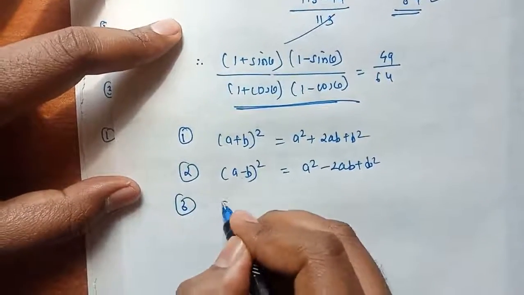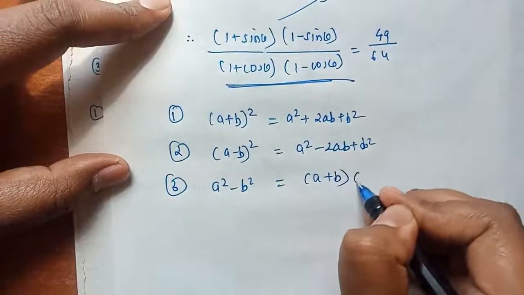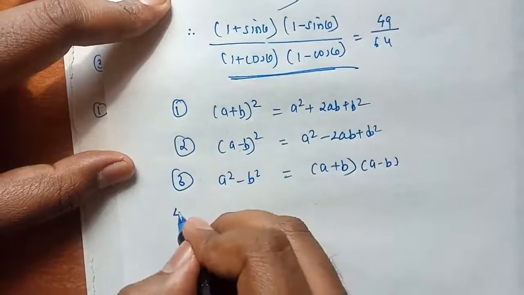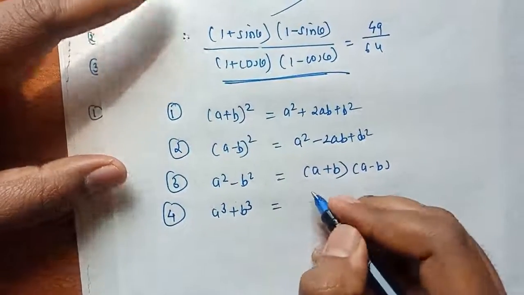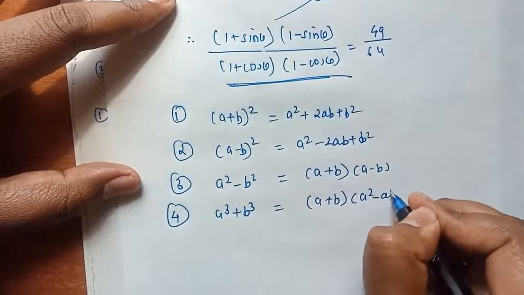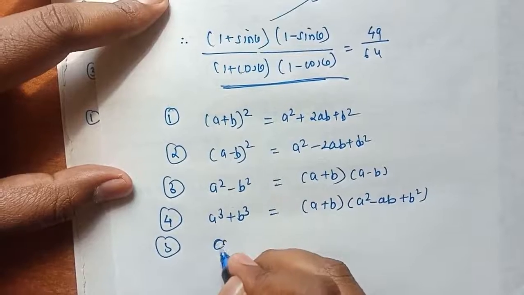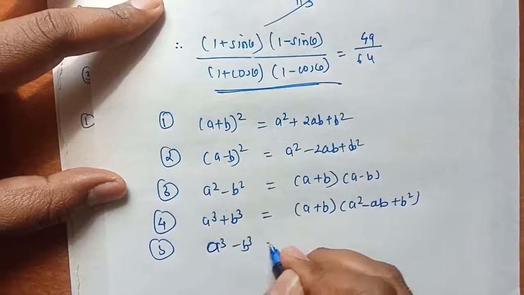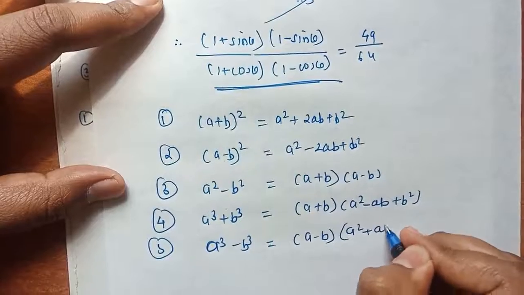Next, a square minus b square is a plus b and a minus b. Next is a cube plus b cube, it is a plus b bracket of a square minus ab plus b square. Next, a cube minus b cube is a minus b bracket of a square plus ab plus b square.